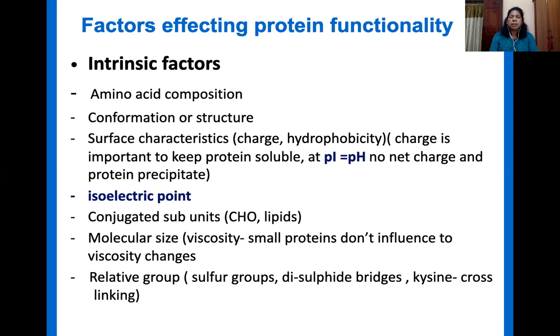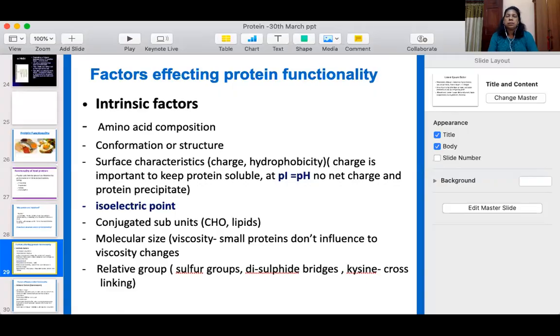So here I will give you one question. Please write down the question. How can the molecular size of proteins be measured, or the molecular weight of the protein? Write it down and give the answer.